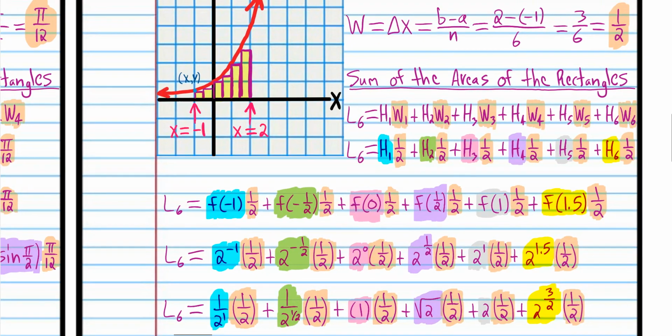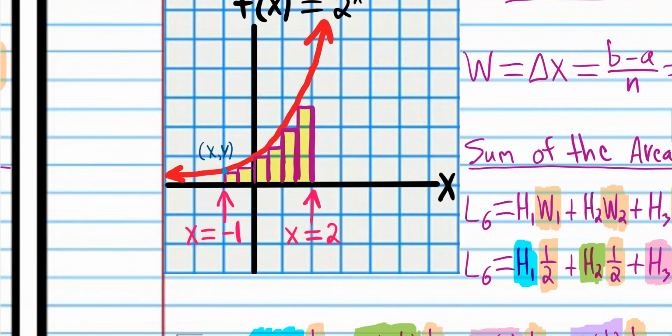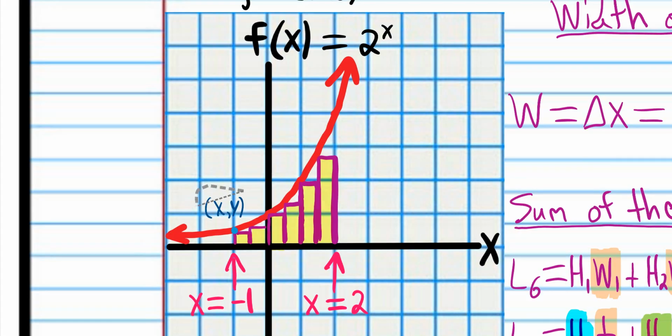Then you plug in -1/2 to the function, and that gives you the height of the next rectangle. Then you plug in 0. That gives you the height of the next rectangle.